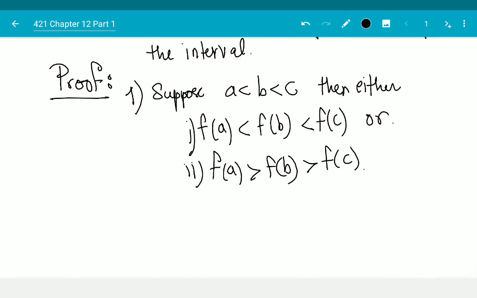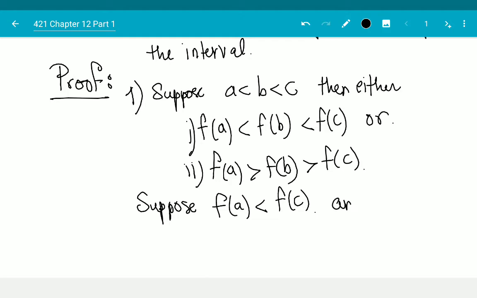Why is this true? Suppose I had that f of A is smaller than f of C. Okay? And then it becomes a question of whether f of B is smaller than f of A or not.